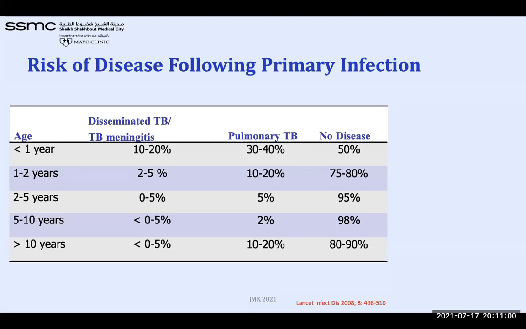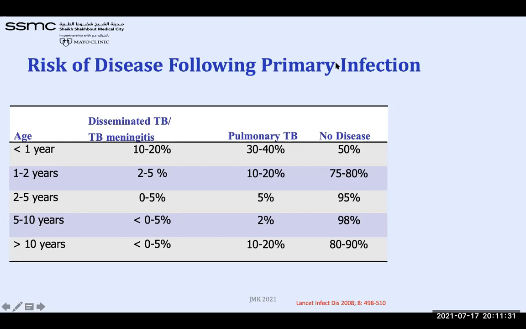If a baby gets infection at less than 1 year of age, disseminated tuberculosis and tuberculosis meningitis is about 10 to 20%. Pulmonary tuberculosis is about 30 to 40%, and no disease is about 50%. So 50% can get the disease later on, and 50% have no disease, and so on and so forth. So that's how it is related.